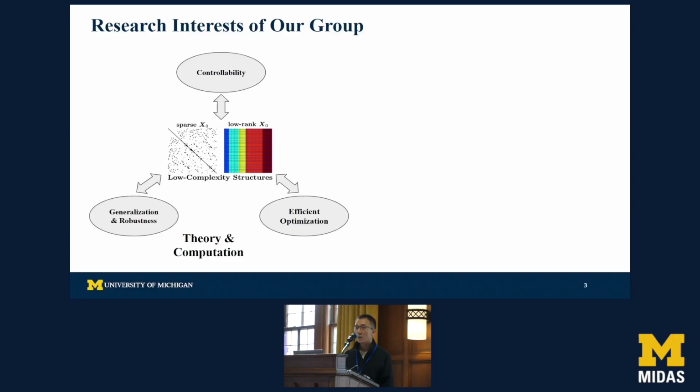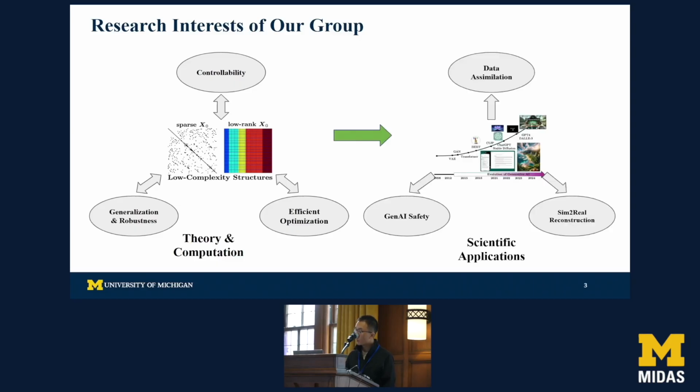But for today's talk, I'm not going to talk about this. I want to show you some examples where I can leverage the methods and ideas we developed and apply them to scientific applications. How can we leverage the generative AI models that we developed to tackle scientific problems across engineering and science?